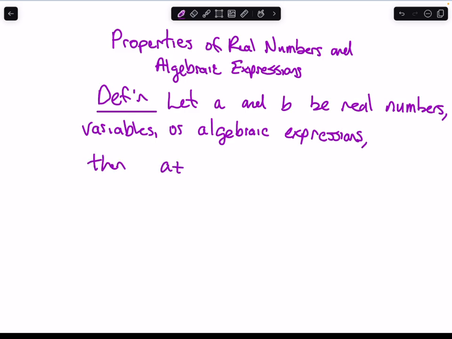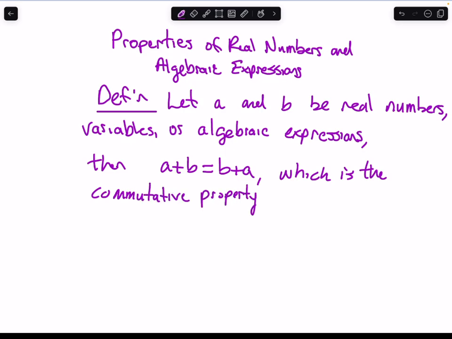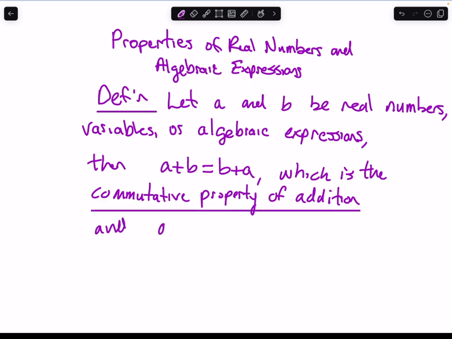Then A plus B equals B plus A. That's true in all cases, which is called the commutative property of addition. And A times B is equal to B times A, which is the commutative property of multiplication.